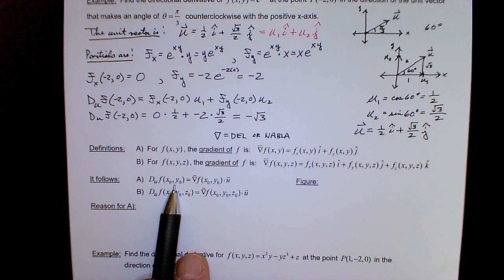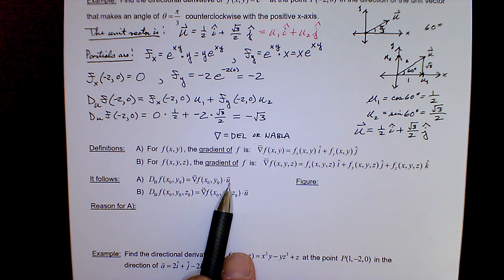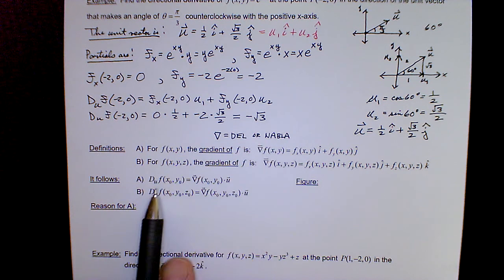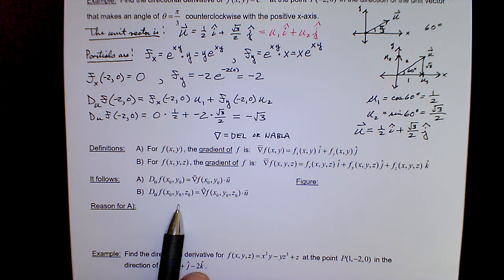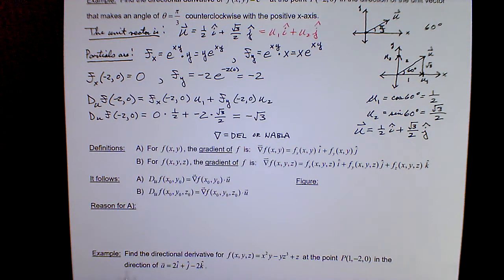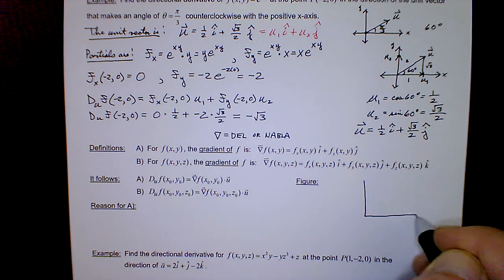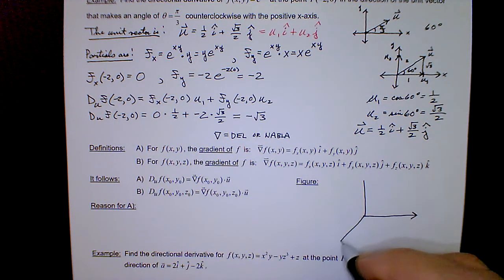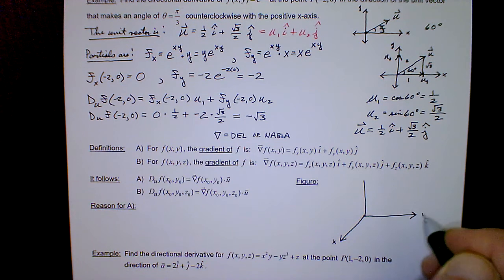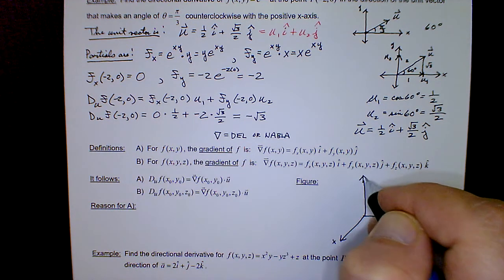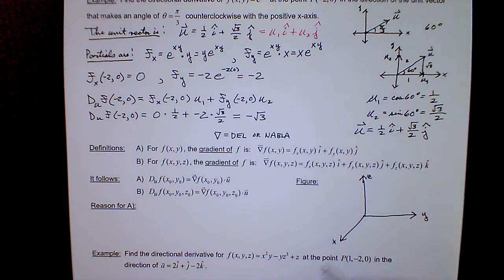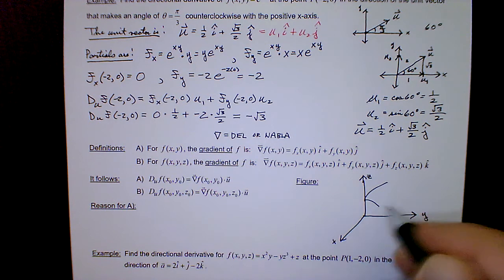And then if we evaluate the gradient at a point, and we dot it with the unit vector, then that's going to give us our directional derivative. So that's pretty significant. And a figure is similar to the figure we had before. If we consider some surface, this was the x, y, and z axes. Consider some surface.